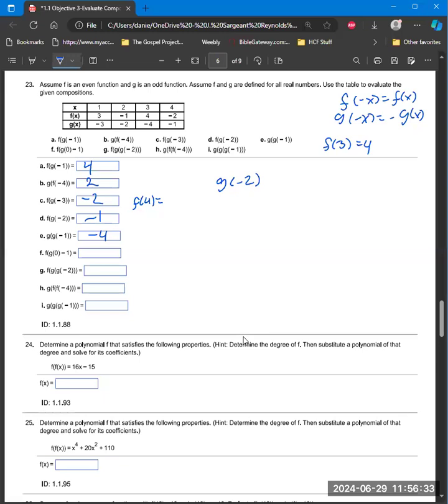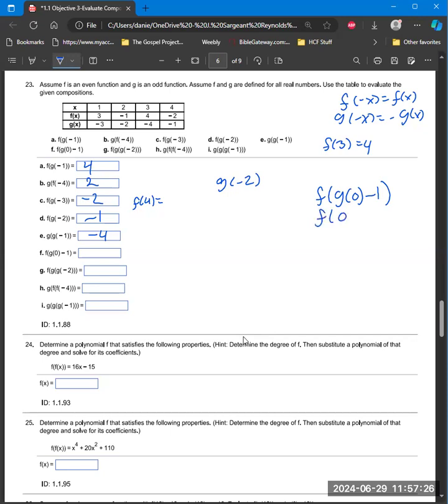f of g of 0 minus 1. So this is going to be the same thing as, see, since g is an odd function, g of 0 is going to have to be 0.